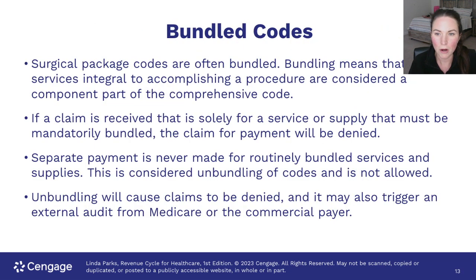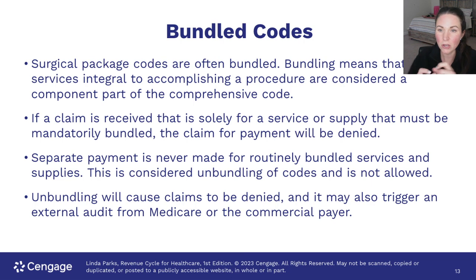All right, a little more detail here on bundling. A lot of times surgical package codes are bundled. So all the things that have to happen for the procedure to be done will be included in this one bundled code, right? The rule says that if a claim is received for a code that has a service that has to be bundled, then the claim will be denied.